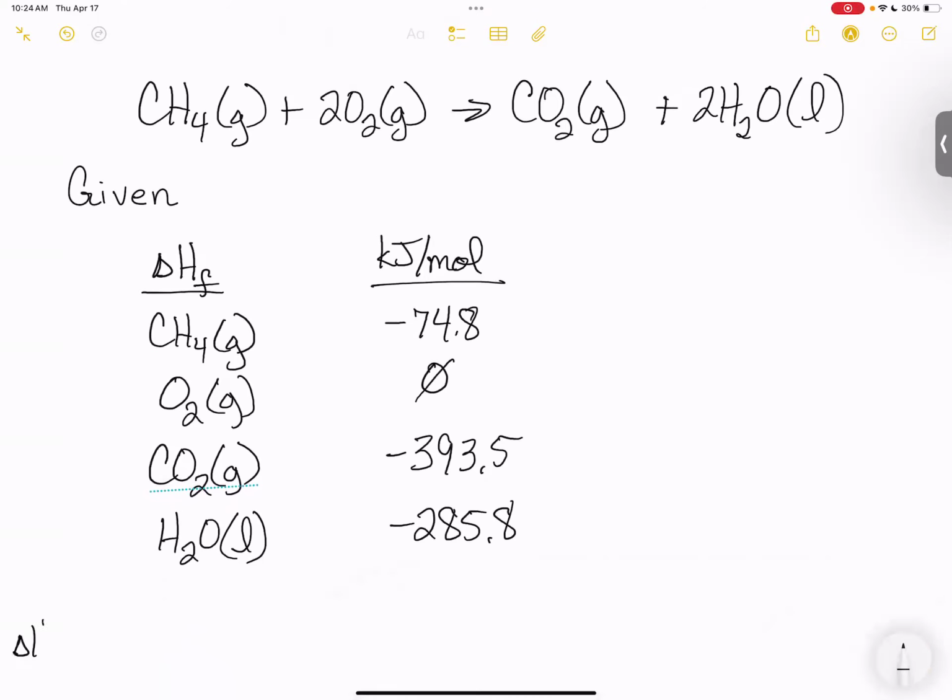So our delta H of reaction is going to equal the products.